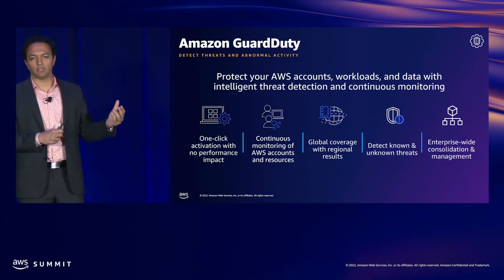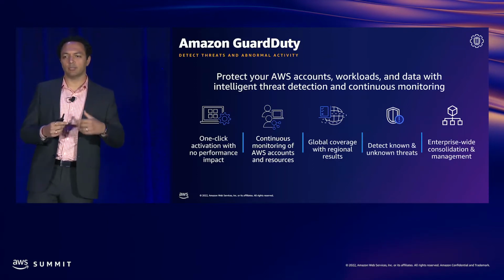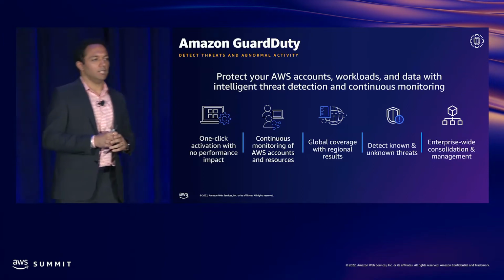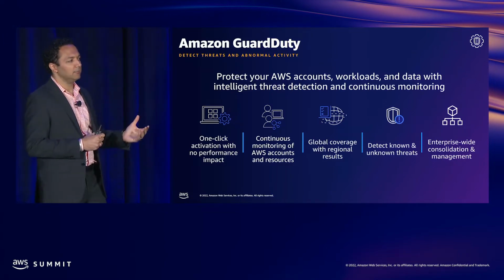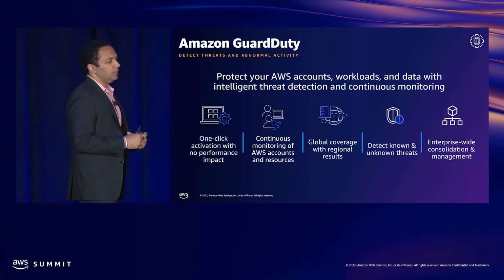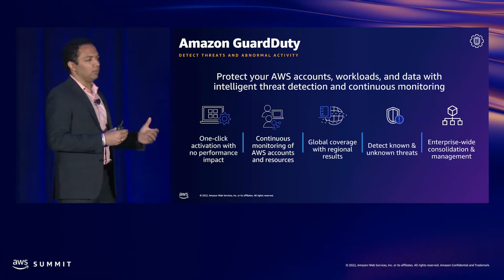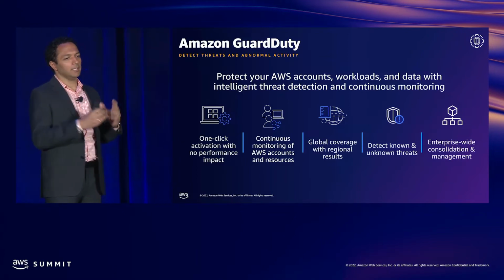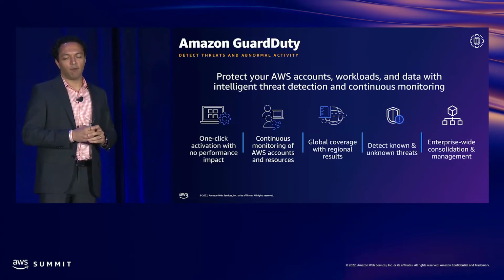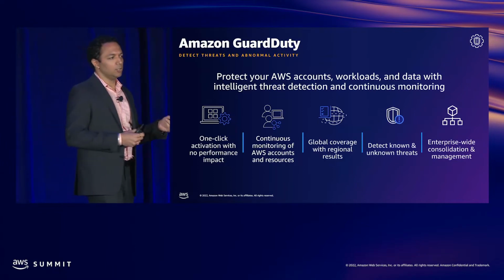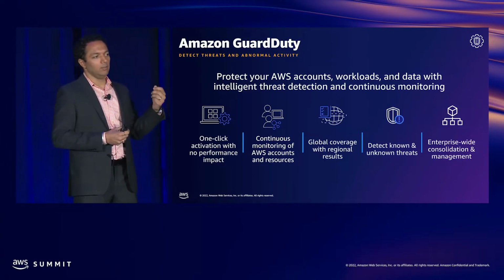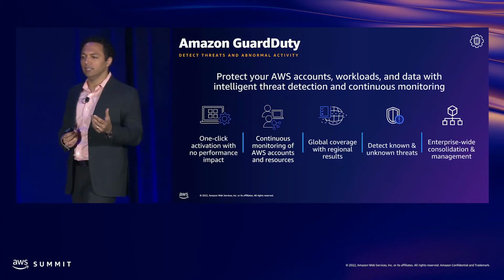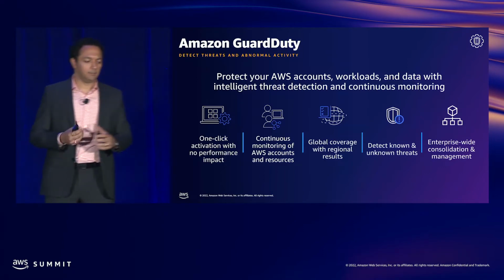Once you enable the service, it automatically starts monitoring all the events and the telemetry around AWS accounts, IAM activity, network activity, as well as any API calls which are being made. It then automatically provides insights in the form of findings, which are either a match to a known malicious threat or an abnormal or unusual activity.